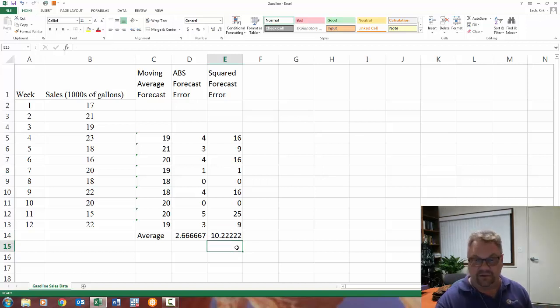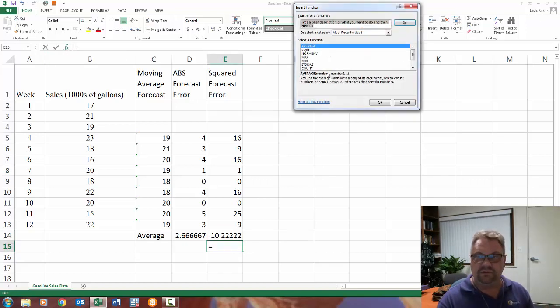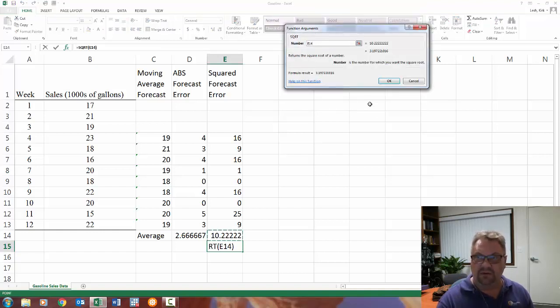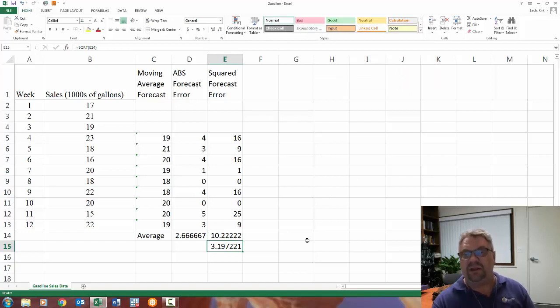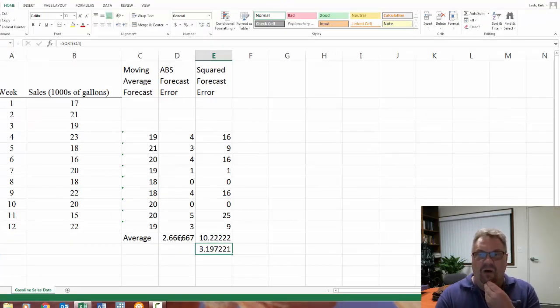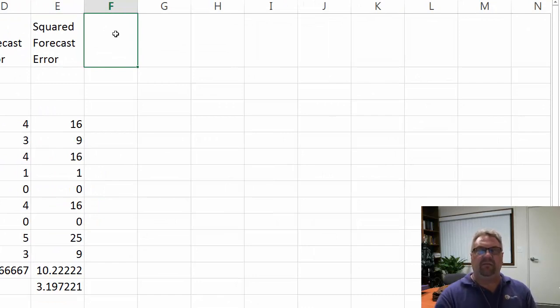And then again, like I was telling you before, I strongly recommend that you take the square root of that. I really do think that's a better measure. Take the square root. So again, I look at this data and I actually think the 3.1 is better than the 2.67.